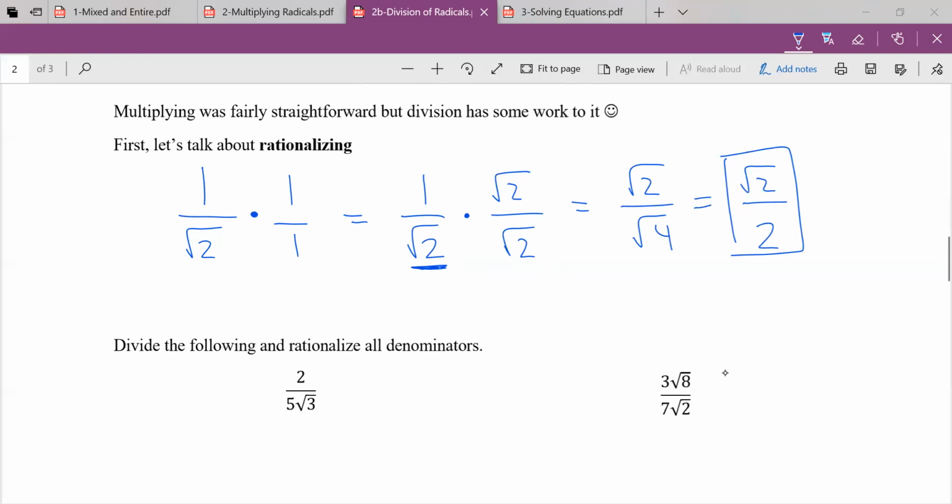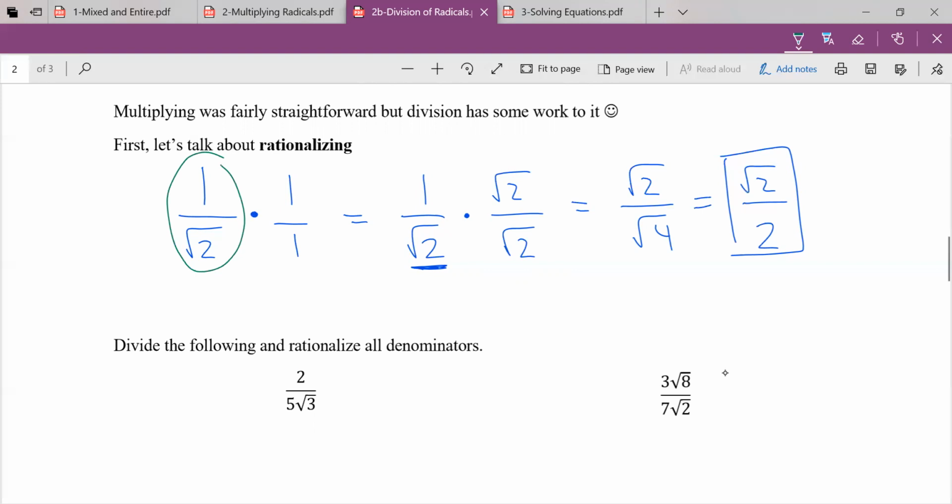Now, the reason why we rationalize is simply this: there was a time, yes, there was a time before people had calculators. And 1 divided by root 2 is a really difficult thing to estimate. But root 2 divided by 2 is a much easier thing to estimate.